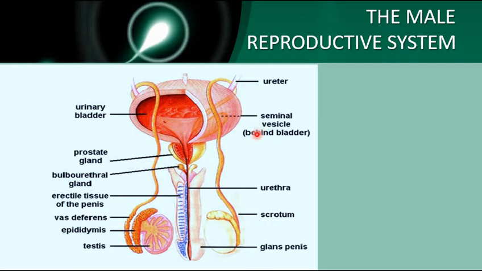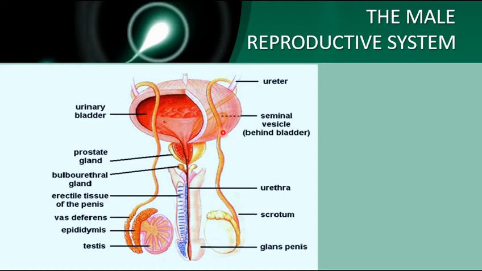The seminal vesicle is responsible for secretion of seminal fluid. Seminal fluid serves as a medium for transporting sperms. This fluid is secreted in the seminal vesicle, and its role is to transport sperms, lubricating the pathway that the sperm will move through. It contains sugar, mainly fructose.